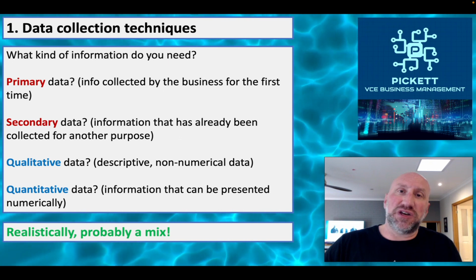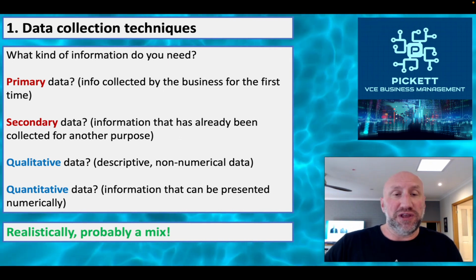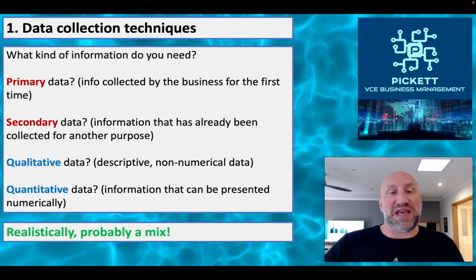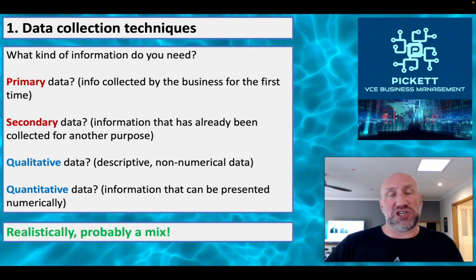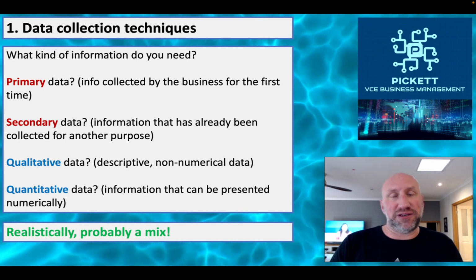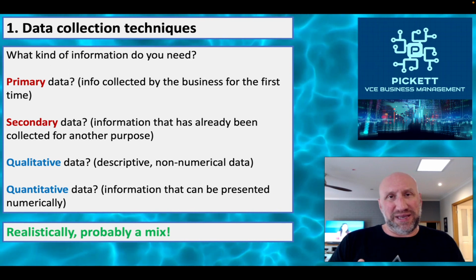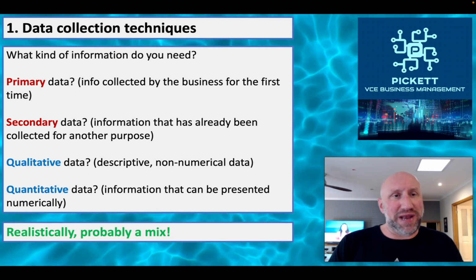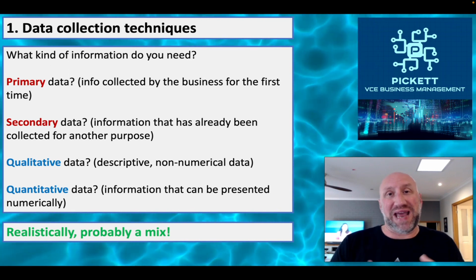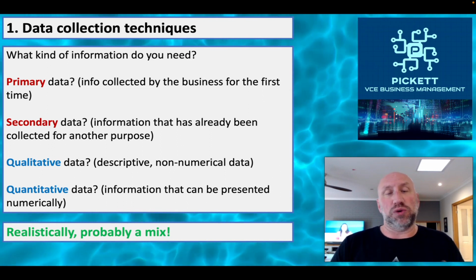Qualitative data is your descriptive, non-numerical stuff, and quantitative is any information that can actually be presented numerically. And then you can convert that into graphs and charts and that sort of thing. So probably you're going to be looking at a mix of both primary and secondary, and also both qualitative and quantitative.